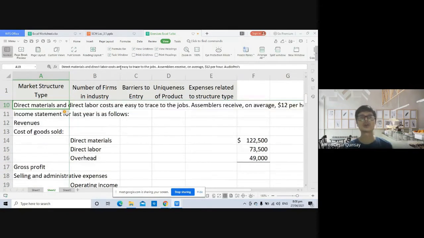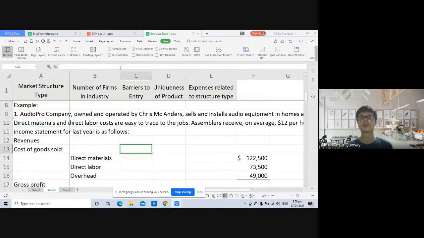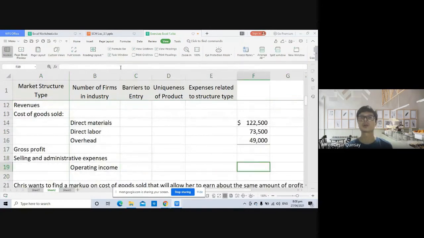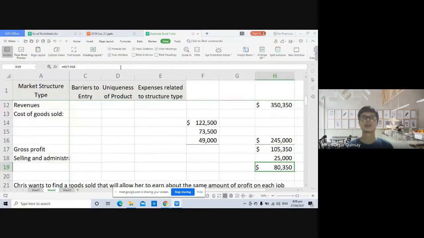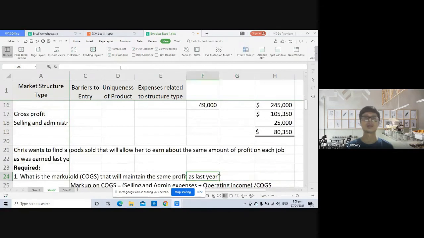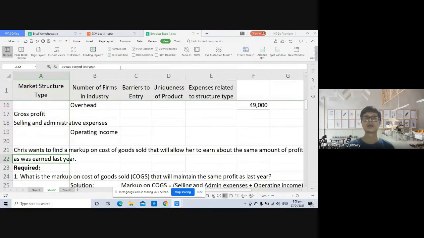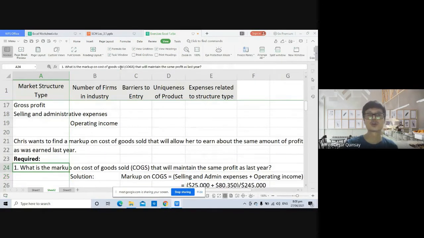So ito yung nung nakaraang taon, no? Okay, so gusto niya magkaroon ng profit na the same rin nung last year. Okay, so ayan yung pinaka-aim niya, no? Allow her to earn about the same profit as was last year. So at least yung close doon. What is the markup on cost of goods sold that will maintain the same profit for last year?